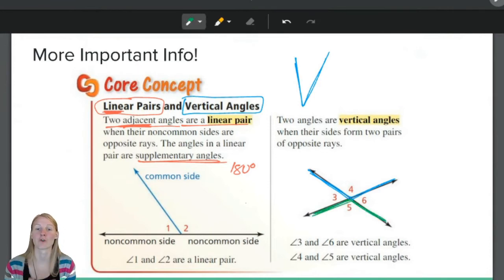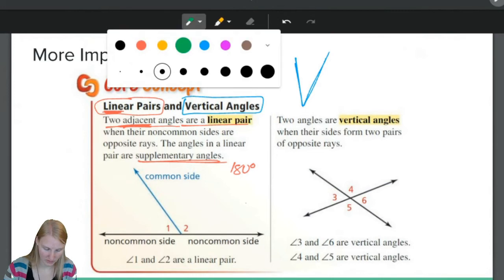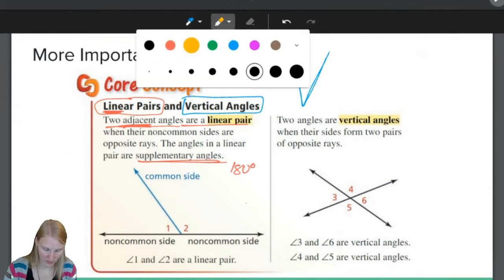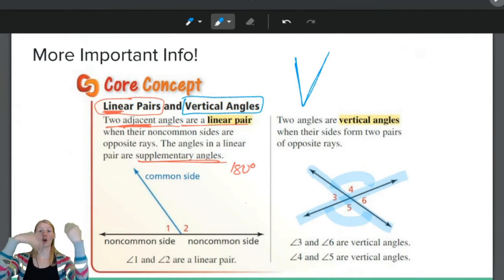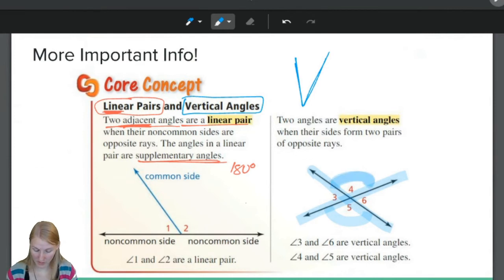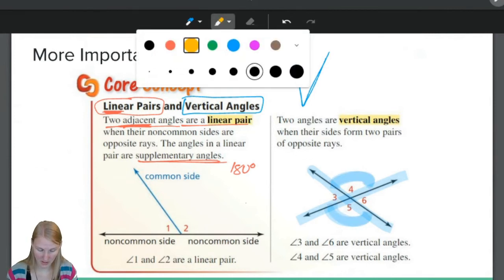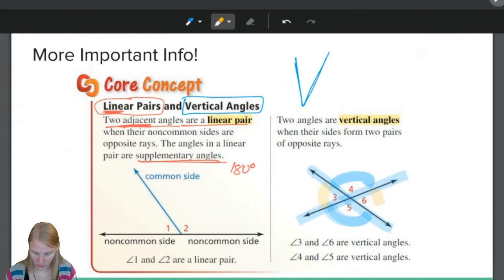These are vertical angles. Because it's like if I draw two lines, actually, here, let's even do this. It's like the two lines I have here form a perfect X. The angle on top and bottom are the same. Vertical angles are congruent. So these two angles are vertical angles, and these two angles are vertical angles.